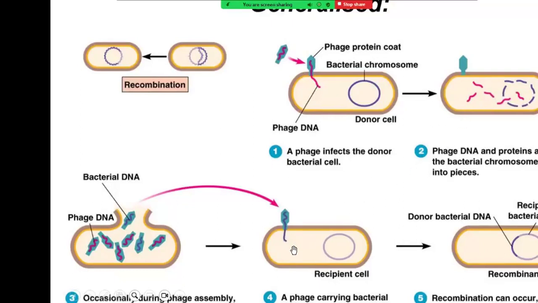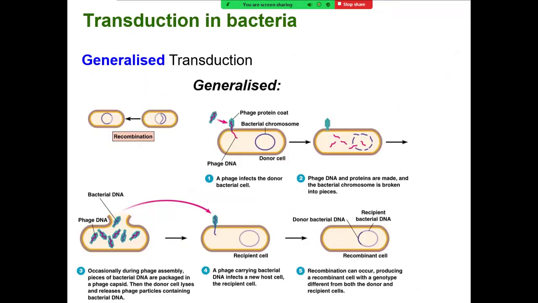And then that chromosome piece can recombine with the host chromosome and then be expressed. So these genes are genes that were not in this cell. They were genes that were in this cell.